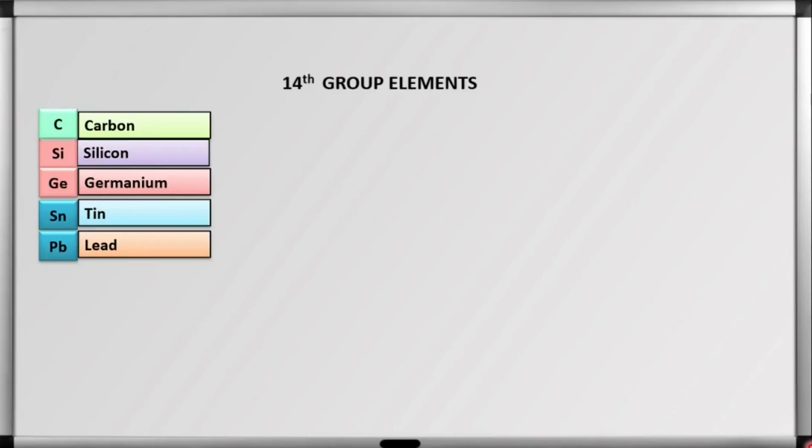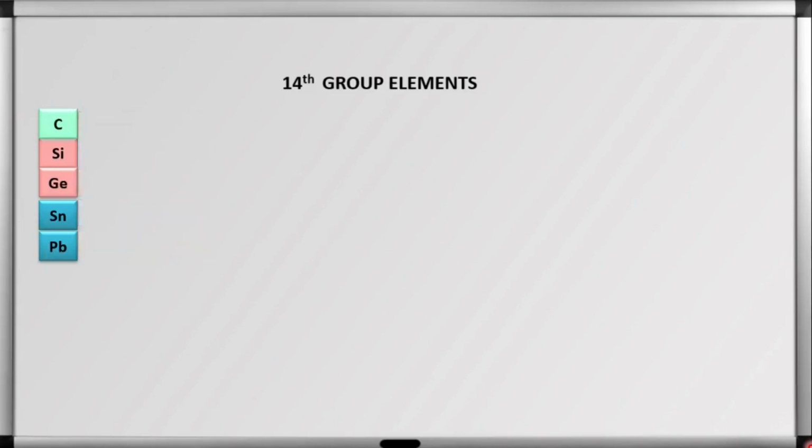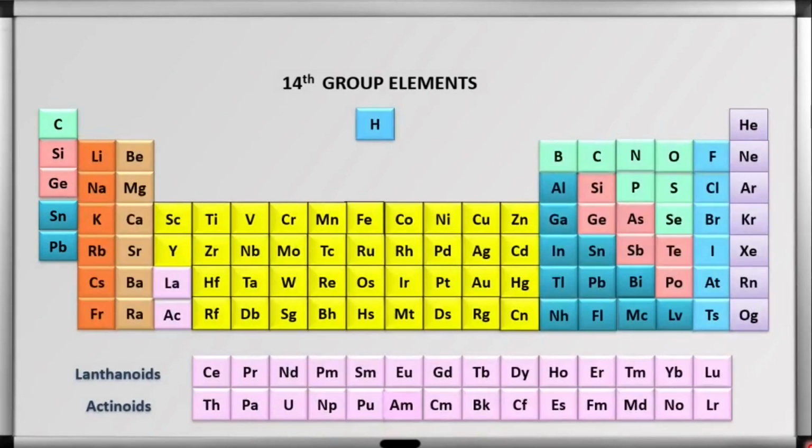Now, where are they placed in the modern periodic table? This is our modern periodic table. Already we looked at the group 13 elements and some information about the periodic table. So now we know the p block elements start from group 13 and end with group 18.